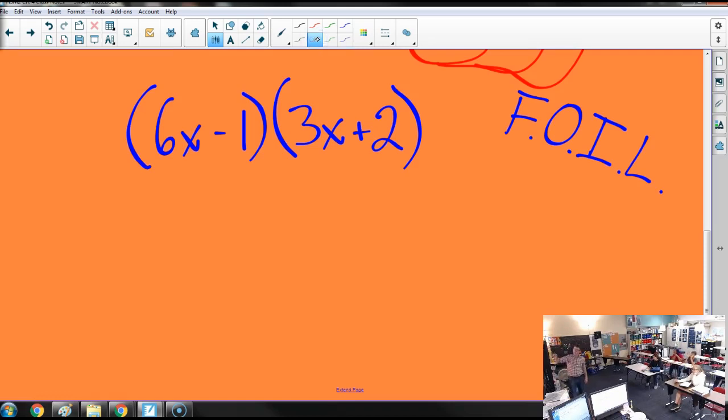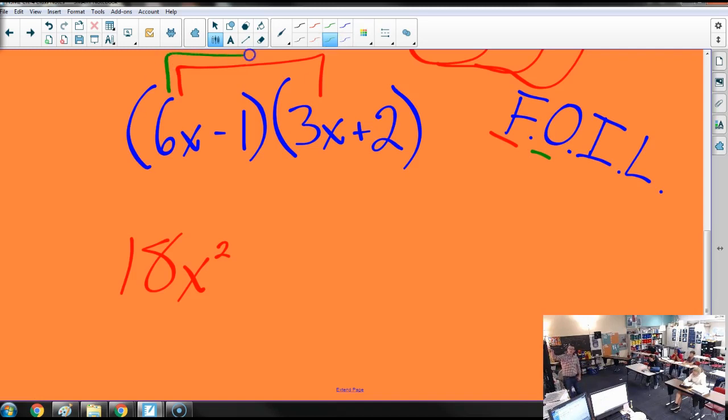FOIL stands for first. What's 6x times 3x? 18x squared. Be careful that you have that squared. O stands for outer. What's 6x times 2? I stands for inner. -1 times 3x.